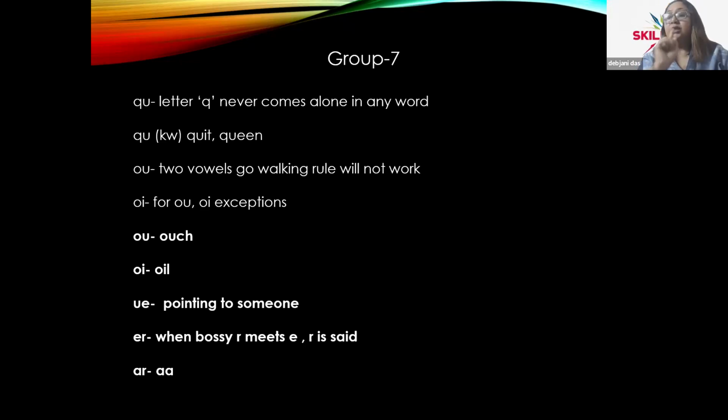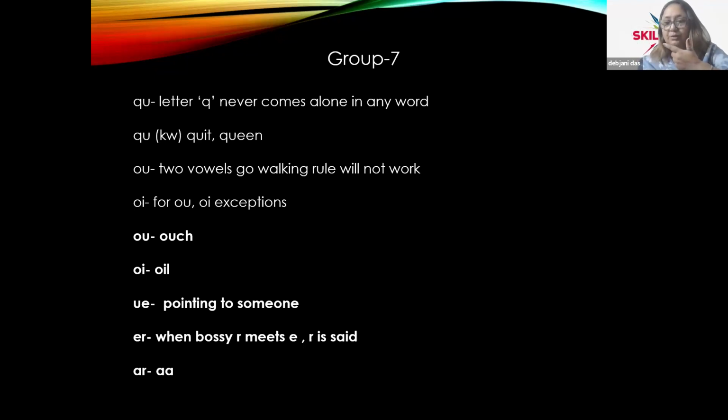Q never comes alone. It is always accompanied by U. So it's like quit, queen. Now OU, we have learned that when two vowels go walking, the first one is always doing the talking and the second one keeps quiet, but we pronounce the first one by its name, not by the sound.